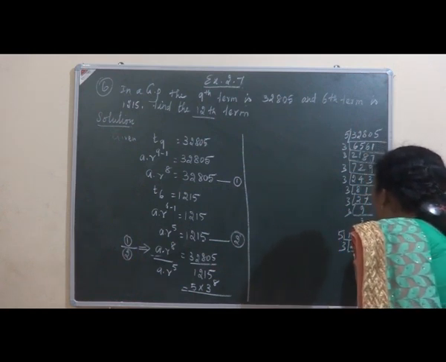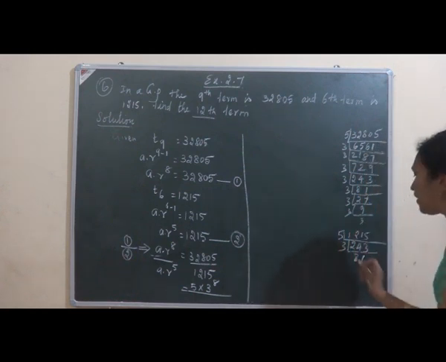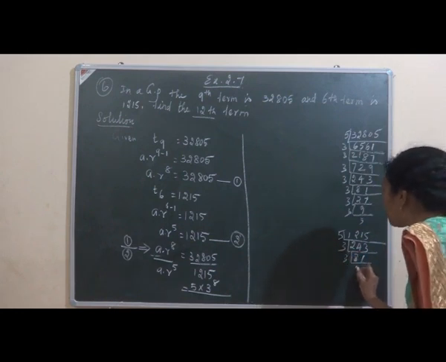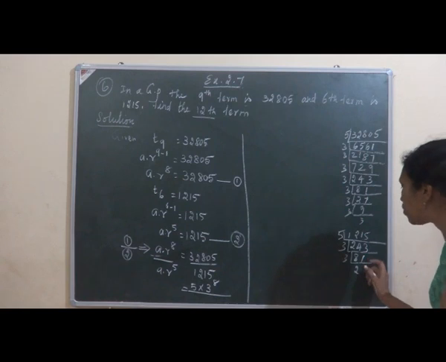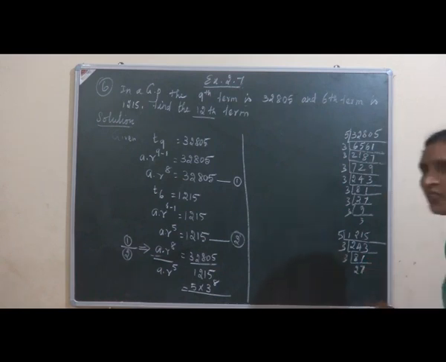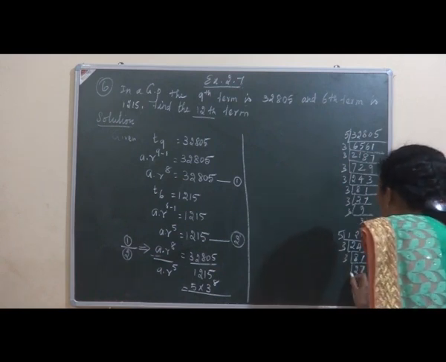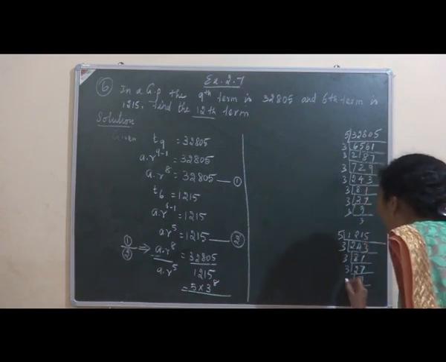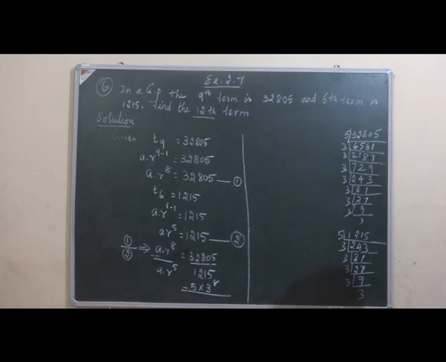Dividing by 3 gives 81, then 27, then 9, then 3, then 1.